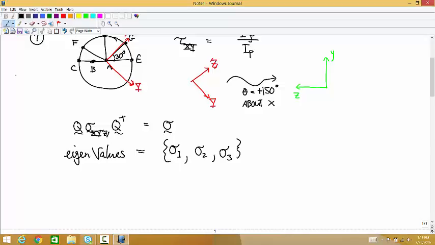Then your stress in the principal coordinate system is just sigma 1, sigma 2, sigma 3.